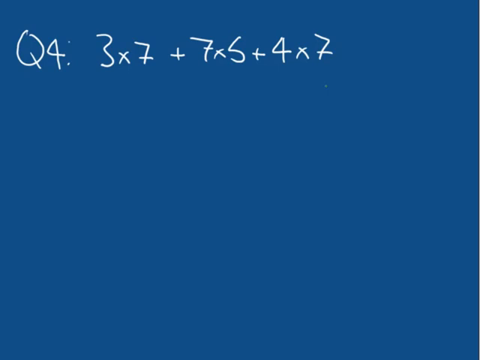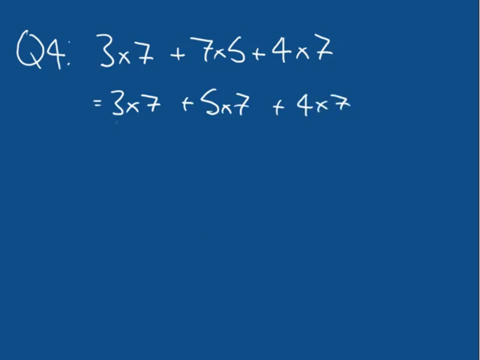Okay, welcome back everyone. So this is a little trickier than before, but not really. The only trick here is to remember that multiplication of two numbers is commutative. Therefore, we can rewrite this expression by switching the 7 and the 5 around. And we can rewrite this as 3 times 7 plus 5 times 7 plus 4 times 7.